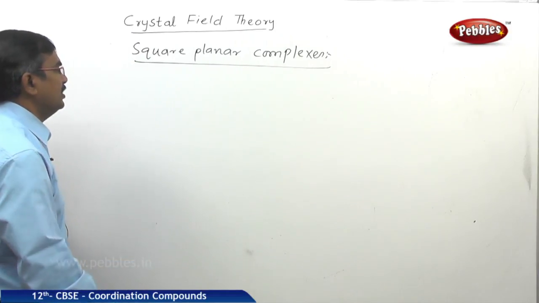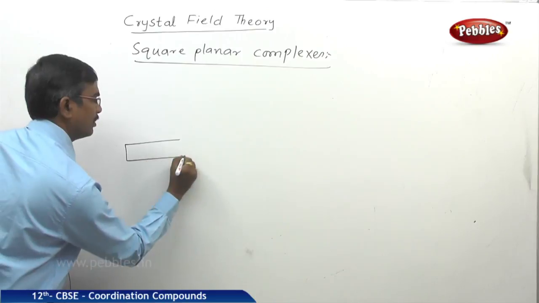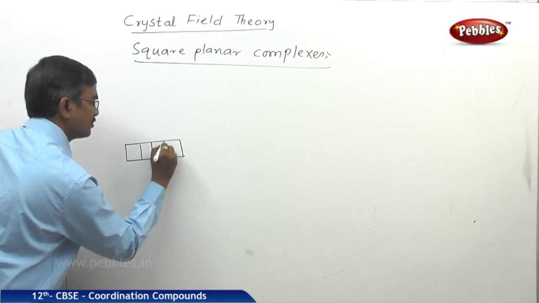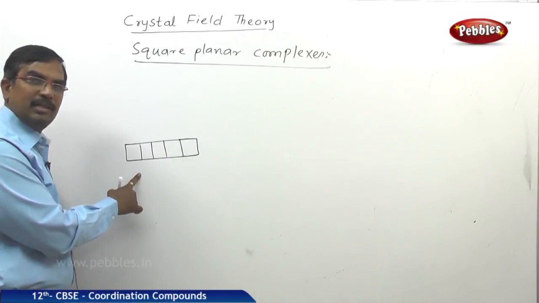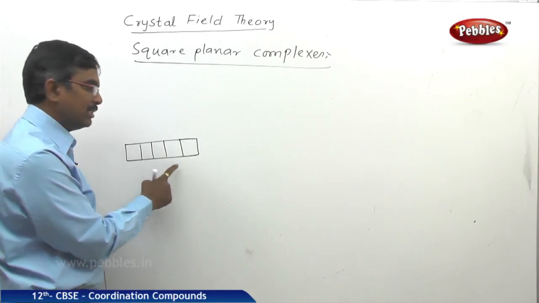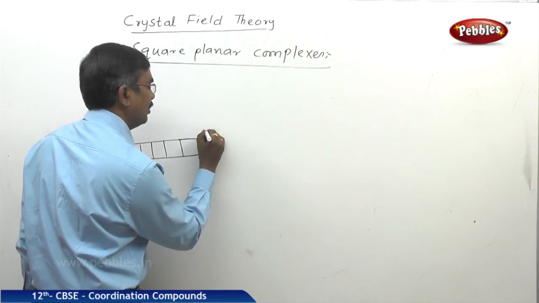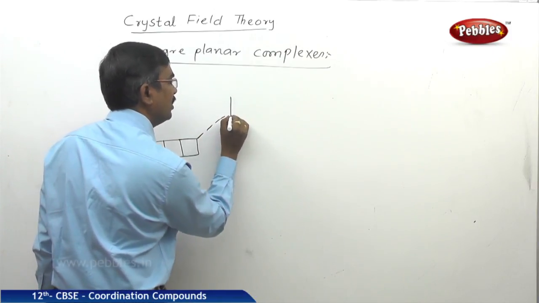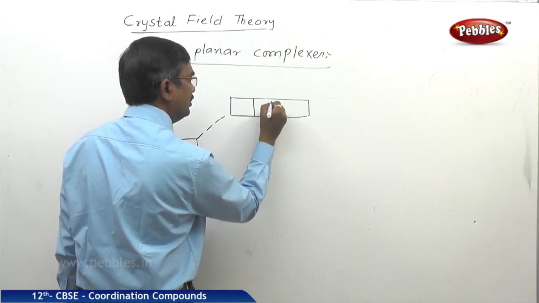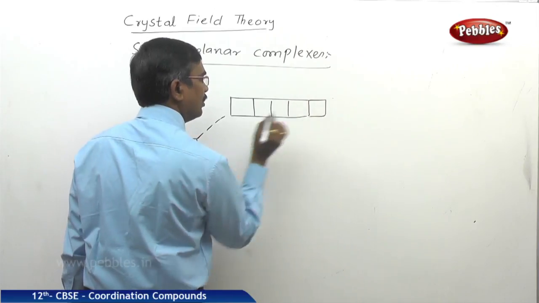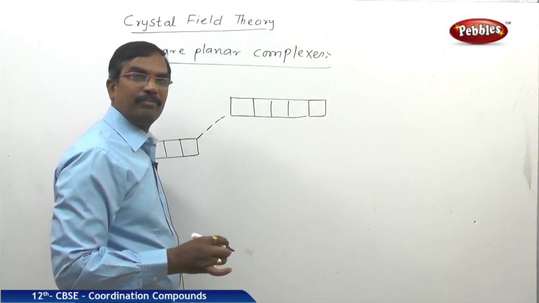So first, there are 5 degenerate orbitals: dxy, dyz, dzx, dx square minus y square, dz square. In presence of the symmetrical field, these 5 also increase energy to the same extent, giving the average energy in presence of the symmetrical field.